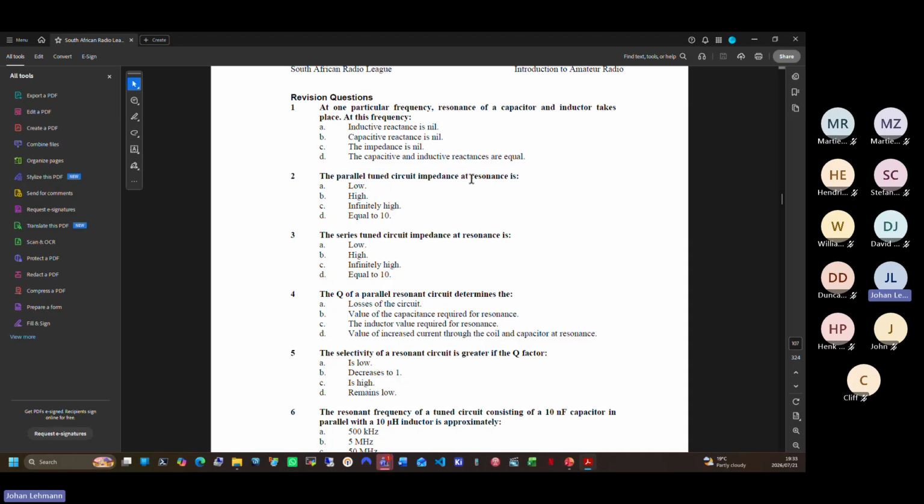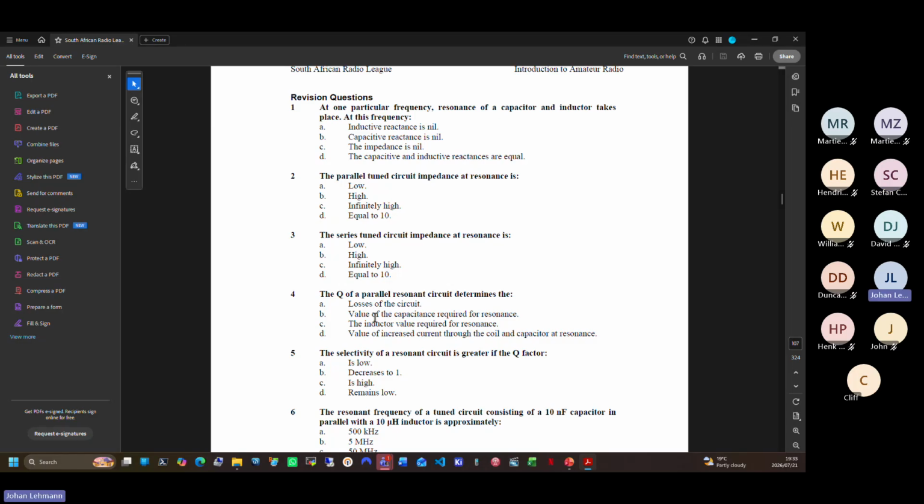Then parallel tuned circuit impedance at resonance is Charlie, infinitely high, C. If you look at the mathematics, you'll see you end up with a constant divided by 0, which is infinity. A series tuned circuit impedance at resonance is low. So A. Okay. The Q of a parallel resonance circuit determines the losses.